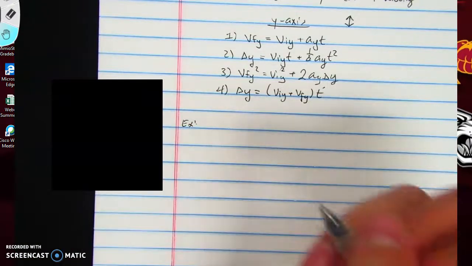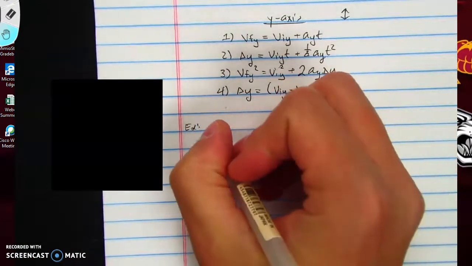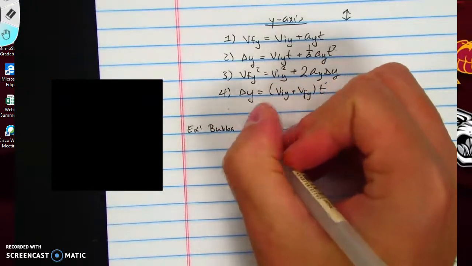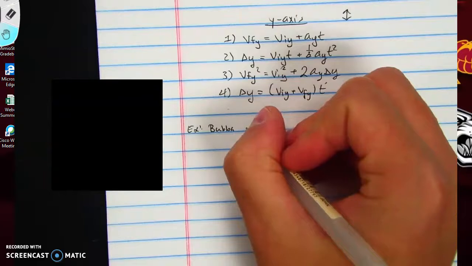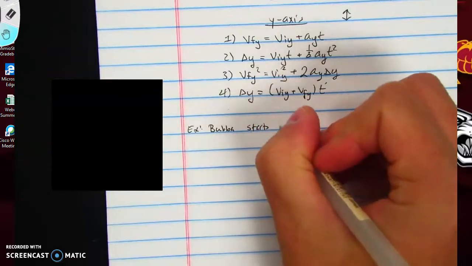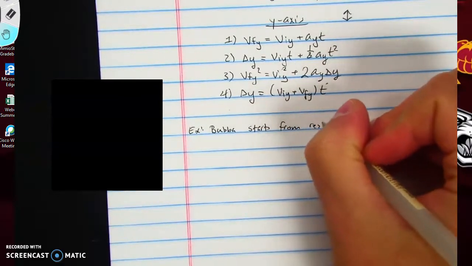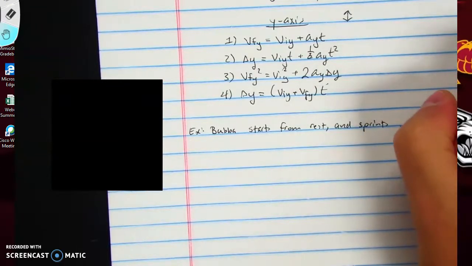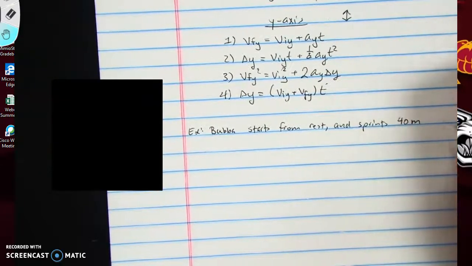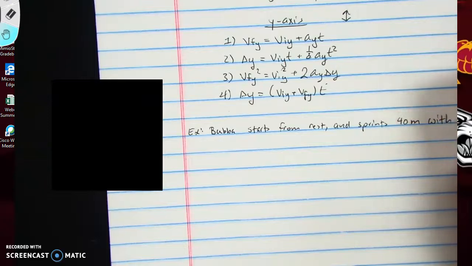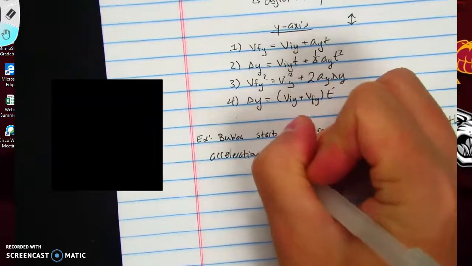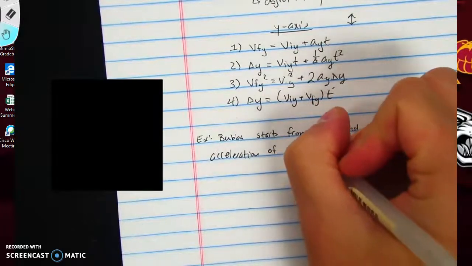So let's say good old Bubba starts from rest and sprints 40 meters with an acceleration of 3.2 meters per second squared.